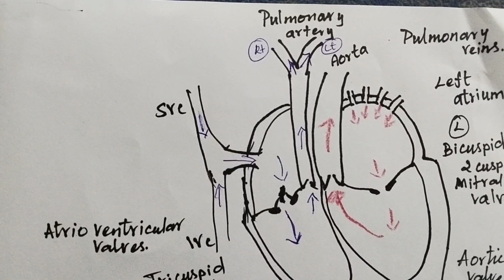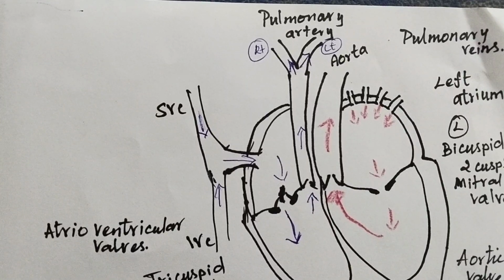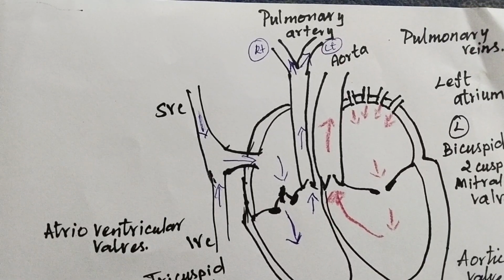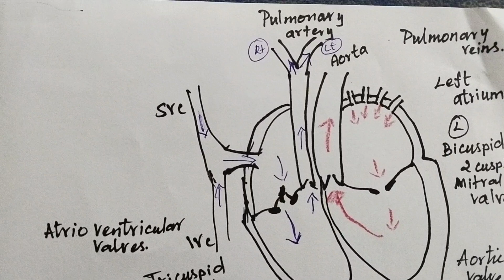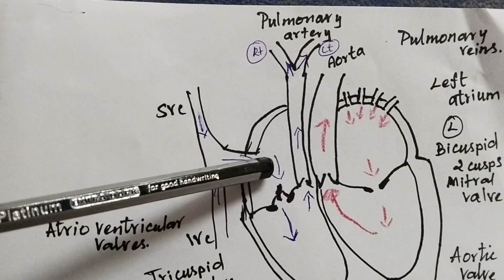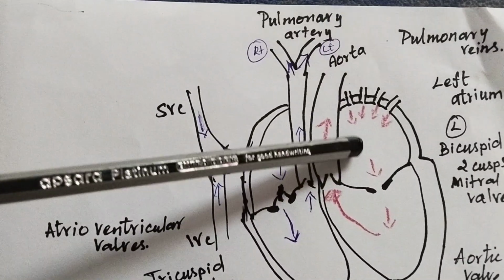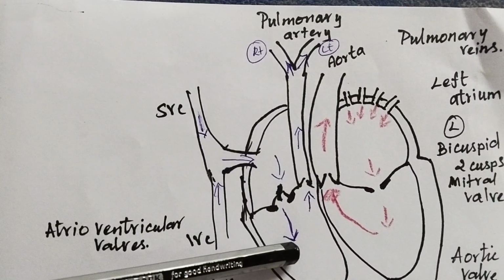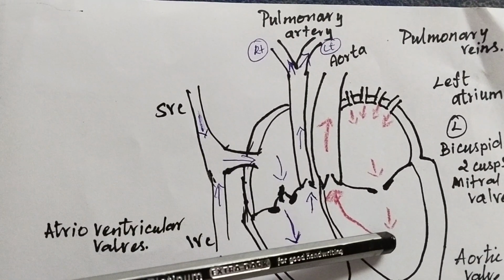The heart is an involuntary muscle and works independently. It is a muscular organ with four hollow chambers: two atria, the upper chambers, and two ventricles, the lower chambers. Right atrium, left atrium, right ventricle, left ventricle.